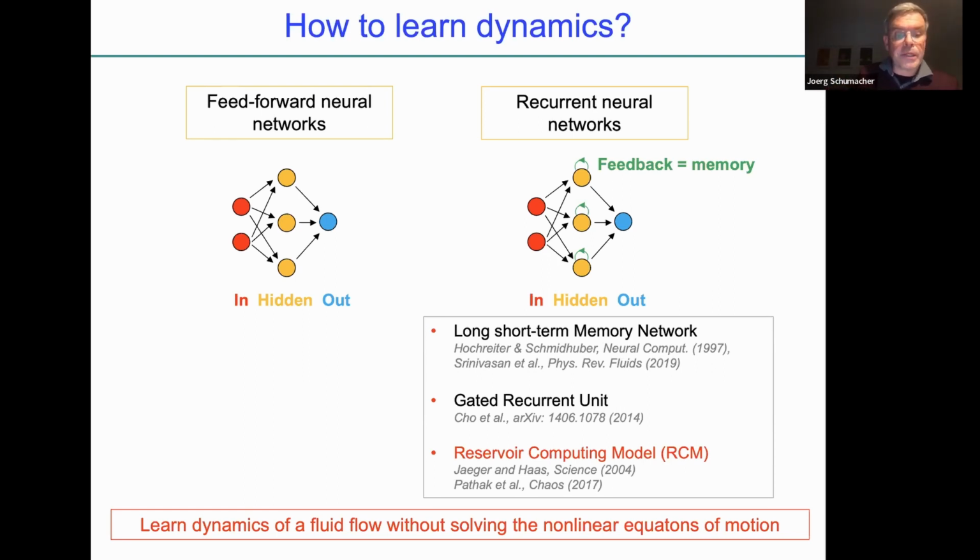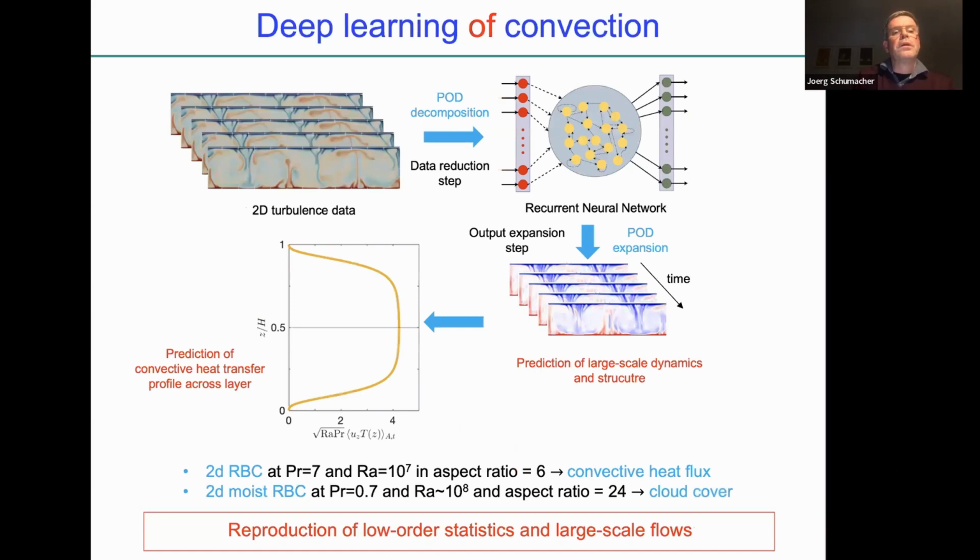and thus also to learn dynamics. So the idea is to build a model that prescribes the evolution of a fluid flow without solving the underlying nonlinear equations of motion, which are in our case the Boussinesq equations. You take such a sequence of snapshots, you have to do a data reduction step, which we will do here by a POD decomposition.